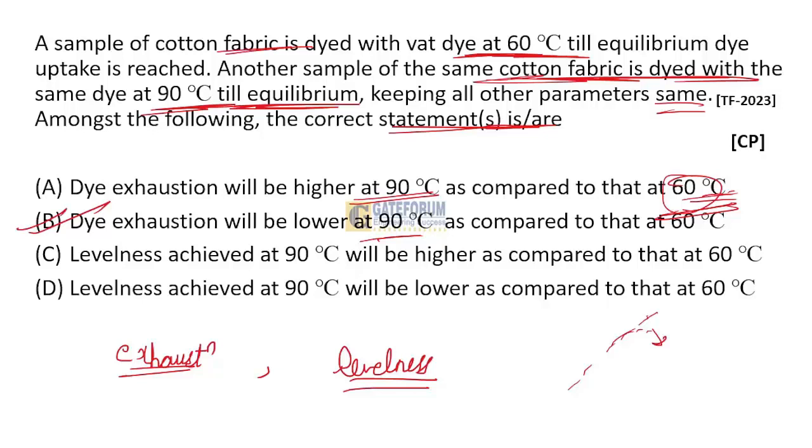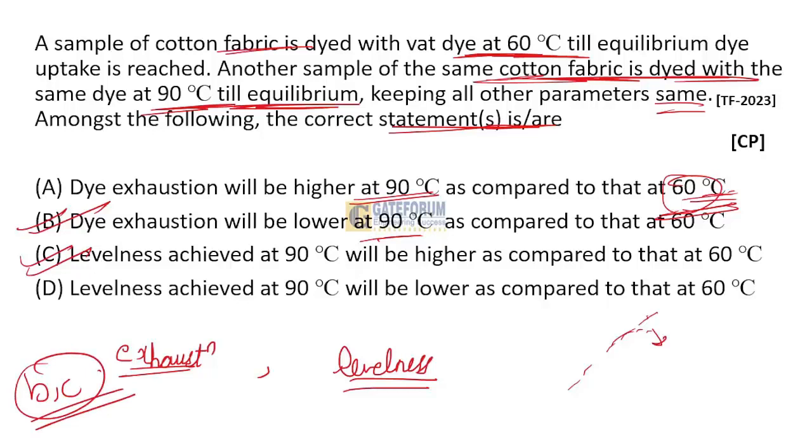Dye exhaustion means how much dye gets exhausted into the fabric, and levelness is how much dye is leveled, meaning how much dye is basically fixed upon it. So the levelness at 90 degrees Celsius is higher as compared to that at 60 degrees Celsius. So option number B and option number C is the correct answer. I think this is clear to you.